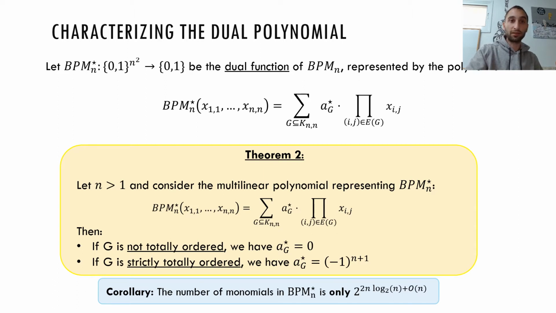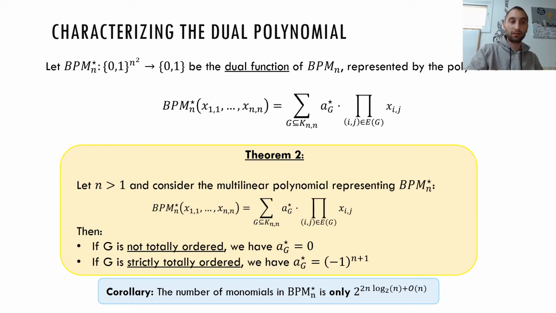These bounds are expressed in terms of totally ordered graphs. For the upper bound, we show that for any graph that is not totally ordered, its dual coefficient is 0, namely its monomial does not appear. Conversely, for every strictly totally ordered graph, which is a subset of the totally ordered graphs, we have that the dual coefficient is either -1 or 1, and in particular not 0.